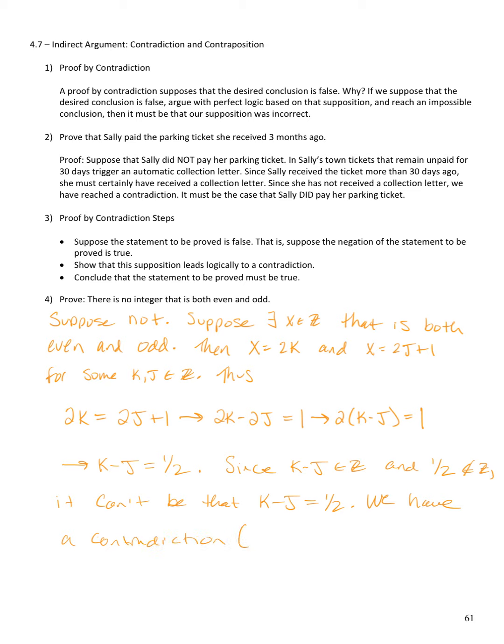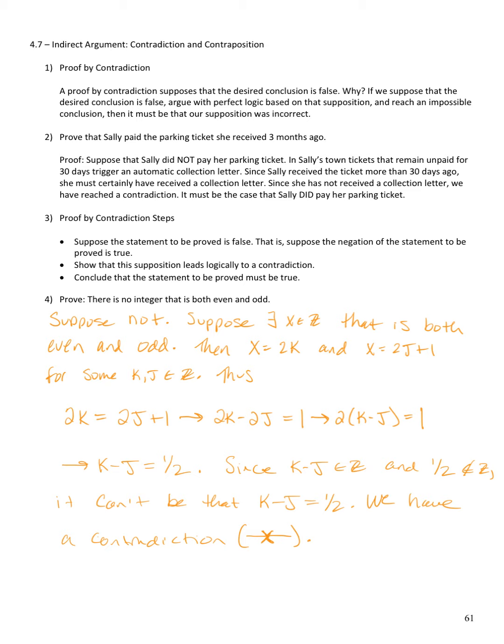And the symbol for we've reached a contradiction is two opposing arrows facing each other. I don't think your textbook uses this, but I find it satisfying to write that symbol down when I see the contradiction in my proof. Okay, so we've reached a contradiction, which means that we started with an assumption or a supposition, we argued with perfect logic, and we reached something that's impossible to be true.